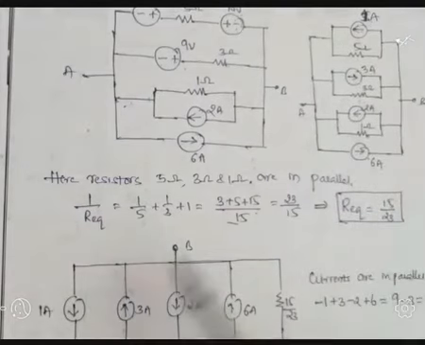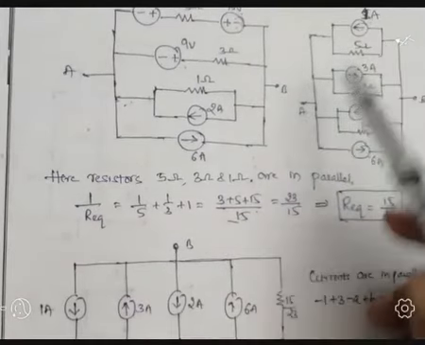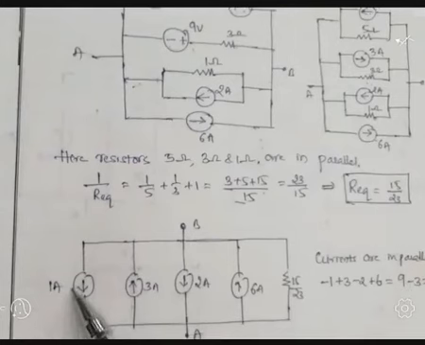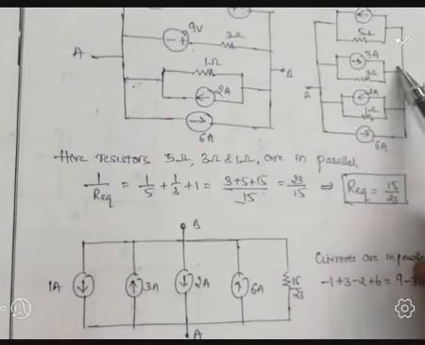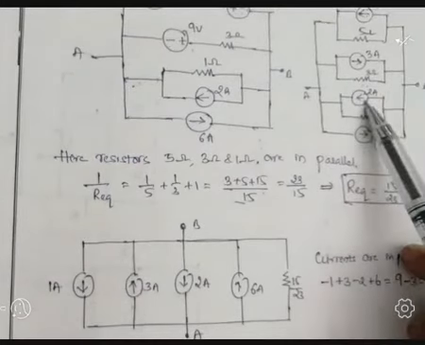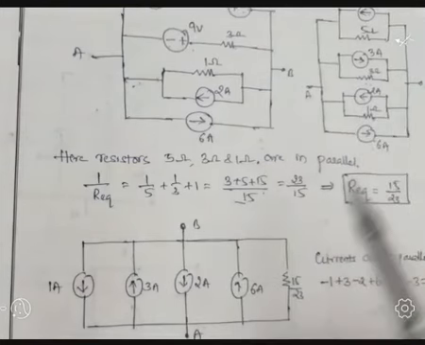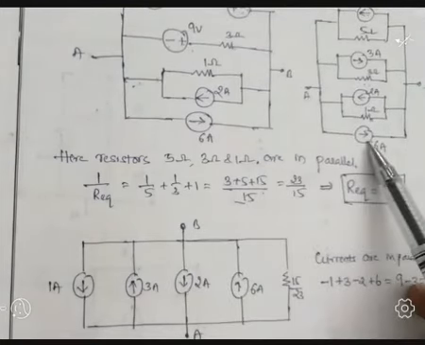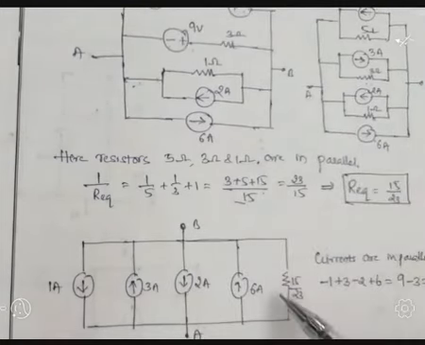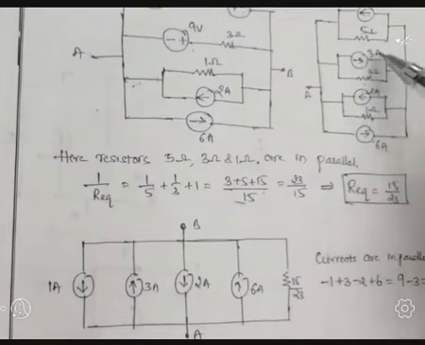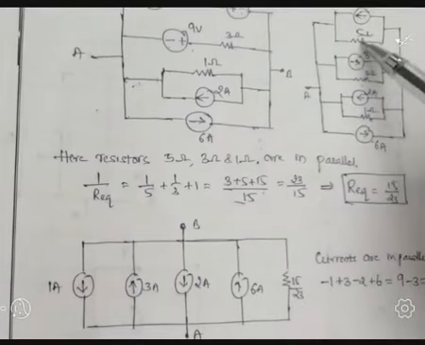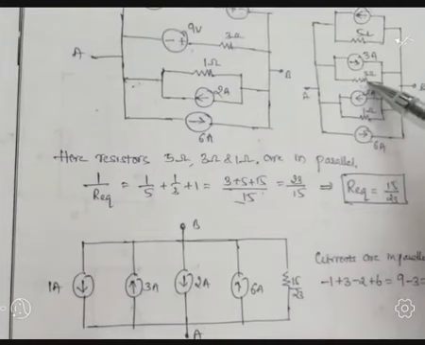So this one I am resketching. 1 ampere on the left side means downwards, and 3 ampere on the right side means upwards. 2 ampere on the left side means downwards. 6 ampere on the right side means upwards. Those are connected in parallel with resistances 5 ohm, 3 ohm, and 1 ohm.